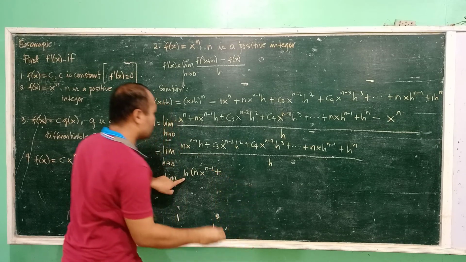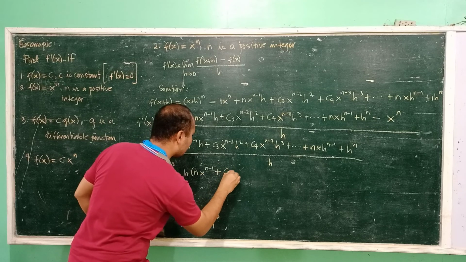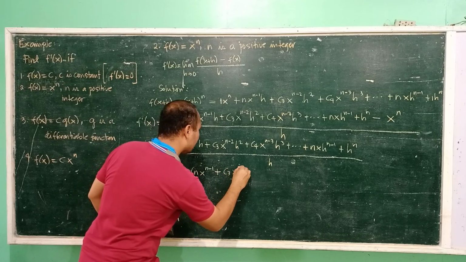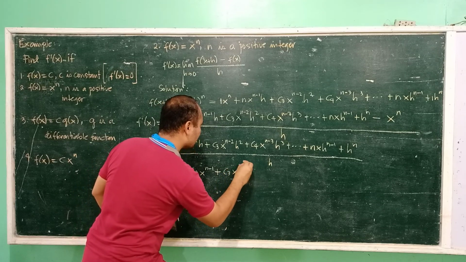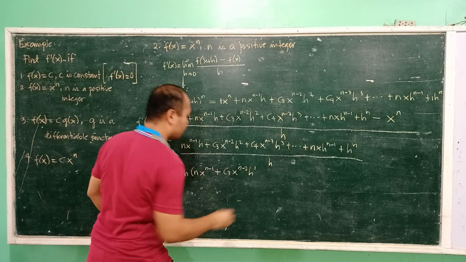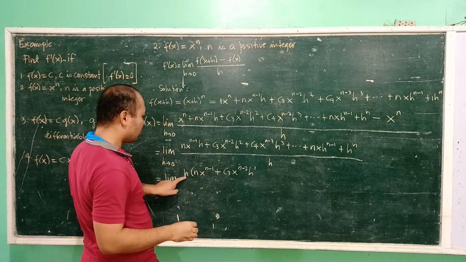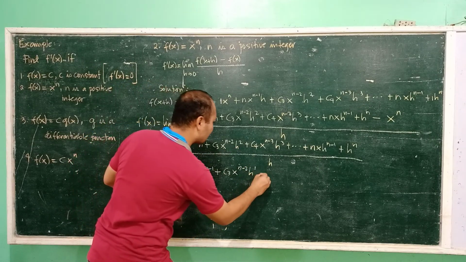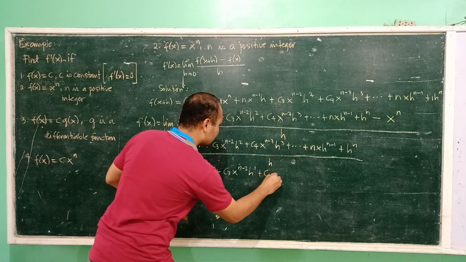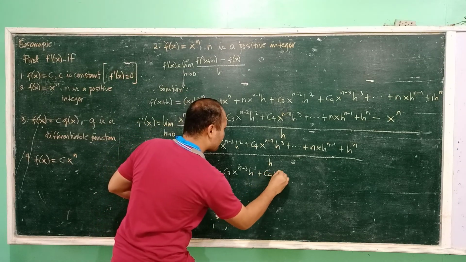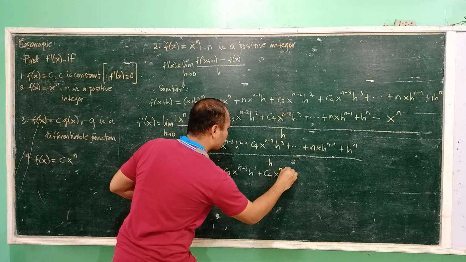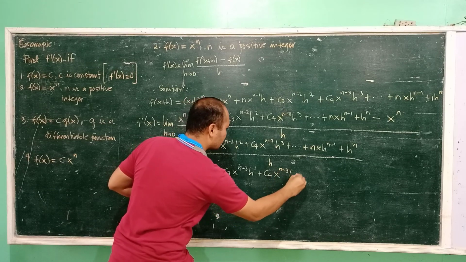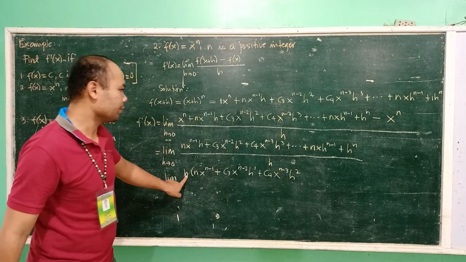We factor this out, so we have here c3, x to the n minus 2, h to the 1, because 1 h is factored out, plus c sub 4, x to the n minus 3, h squared, okay?